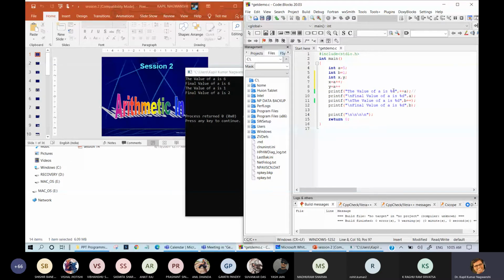So what will be the answer for this? Here also I am printing A and B. This will print A and B, and this will print X and Y. So it will give you more clarity in running the program. What is the problem here? I am using X equals A plus plus and Y equals B plus plus.